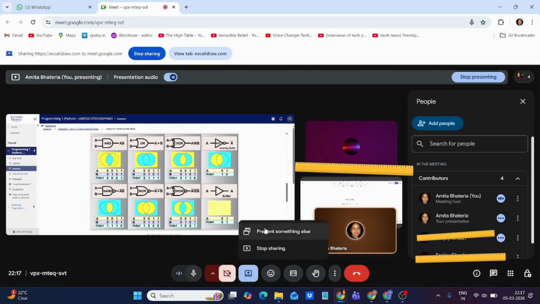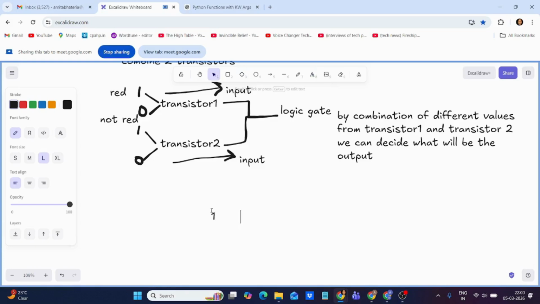Just see this whiteboard. If it is 1 and 1, what will be the output? Red means the output will be 1 again, right? And if one of the inputs is 1 and the other input is 0, what will be the output? False. False means what? Not red, zero, right?